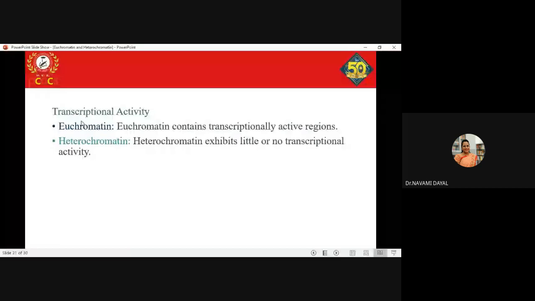Transcriptional activity: we all know that euchromatin is transcriptionally active, heterochromatin is transcriptionally inactive. DNA replication: euchromatin is in its replicative stage, whereas heterochromatin expresses a late replicative phenomenon.